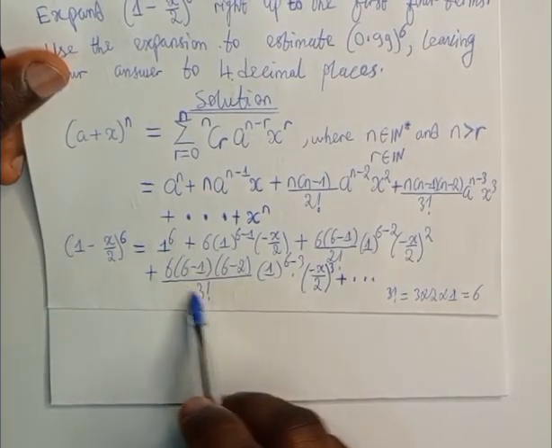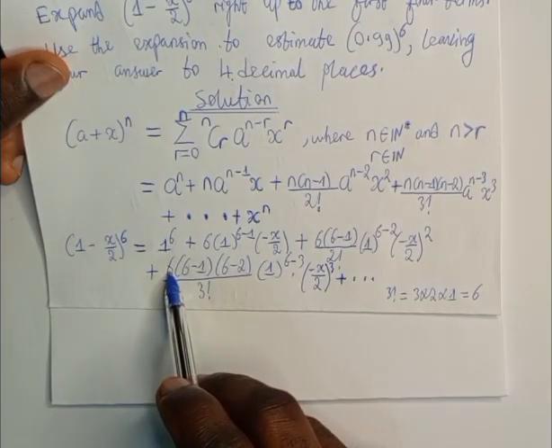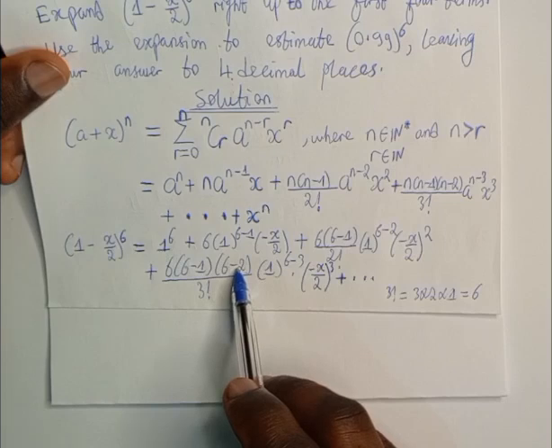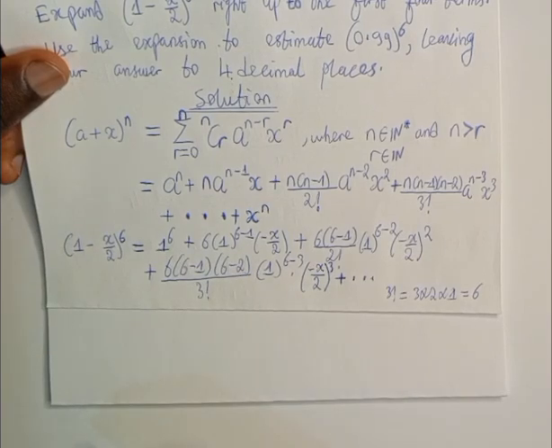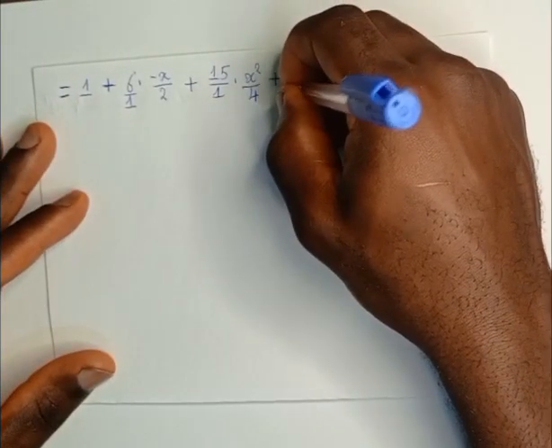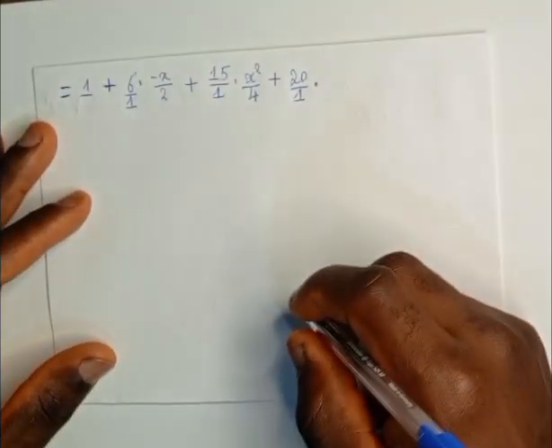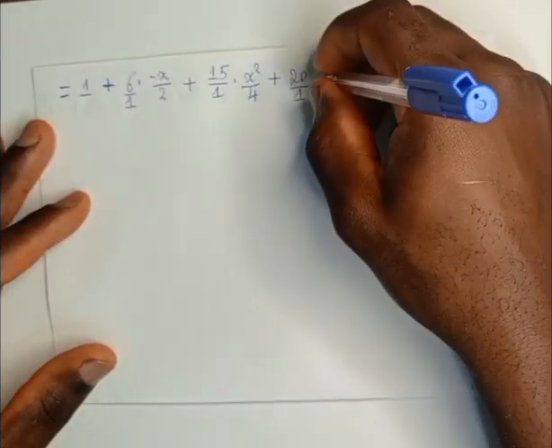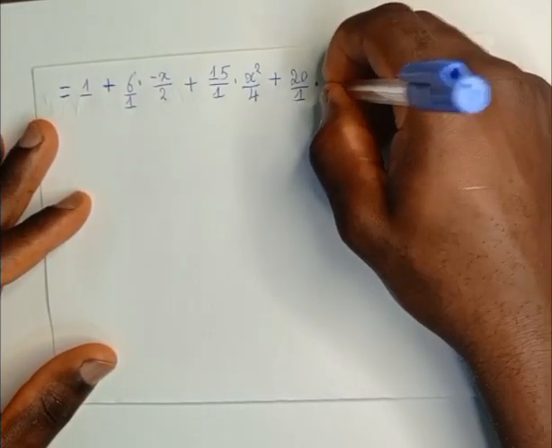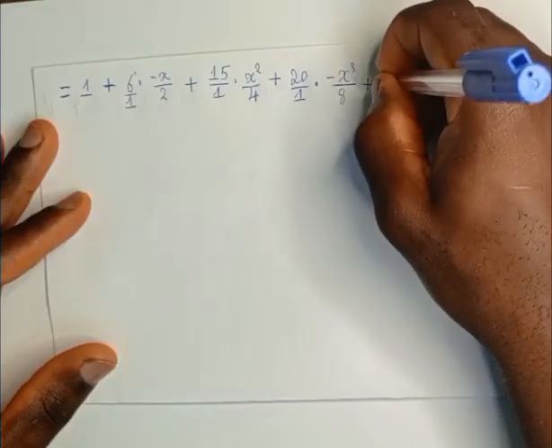The 6 at the denominator will strike off this other 6. We'll simply be left with 5 times 4, and 5 times 4 is equal to 20, plus 20 over 1 times expanding negative x on 2, all that cubed gives us negative x cubed over 2 cubed, which is 8, plus we put the dots.